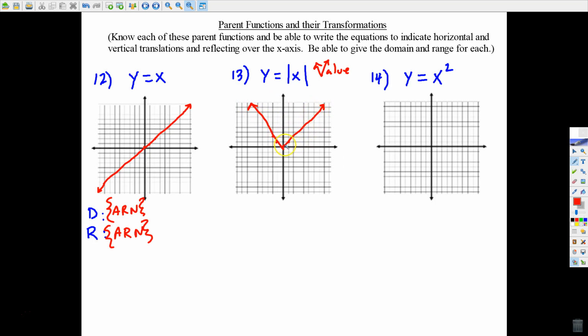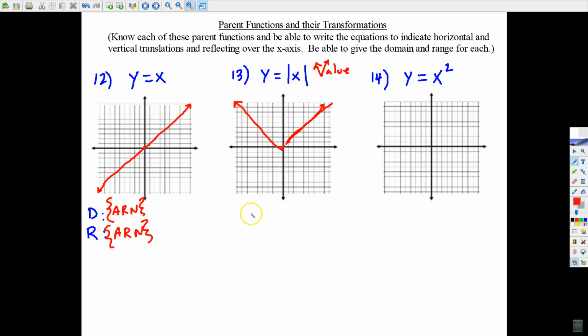If you want to go back and just look at the hard copy answers, it really should be more like this. I'm getting a little sloppy. It's not just random. You go up 1, left 1, up 1, left 1, up 1, right 1, all the way across. But you get the idea. Vertex is at the origin.